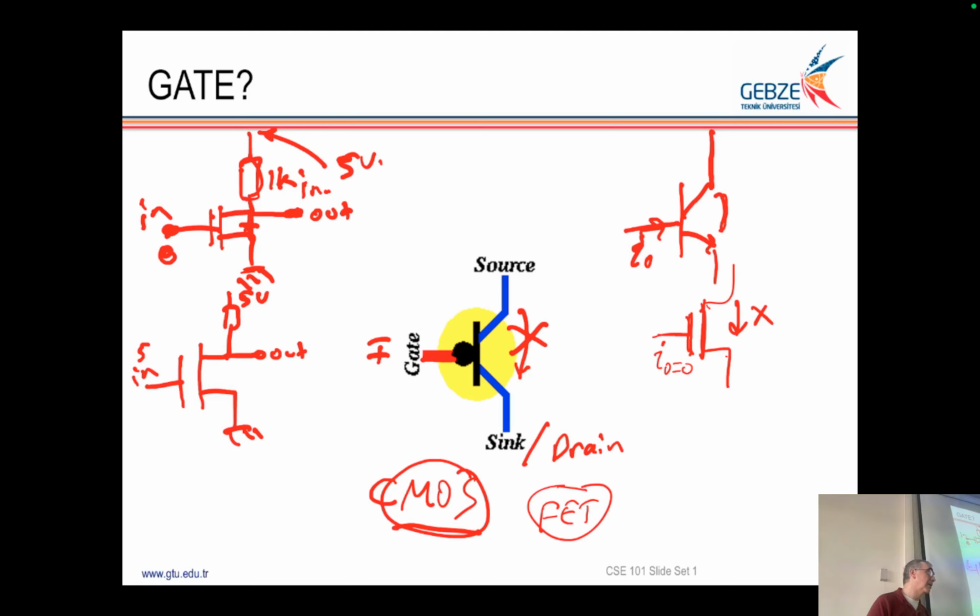Yeah, 0 volt. Because up and down is connected, right? If I give 0 volt instead of 5, it will be disconnected. If it is disconnected, what will be the output voltage?